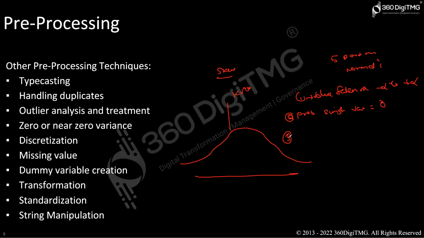The area under the curve always should be equal to 1.